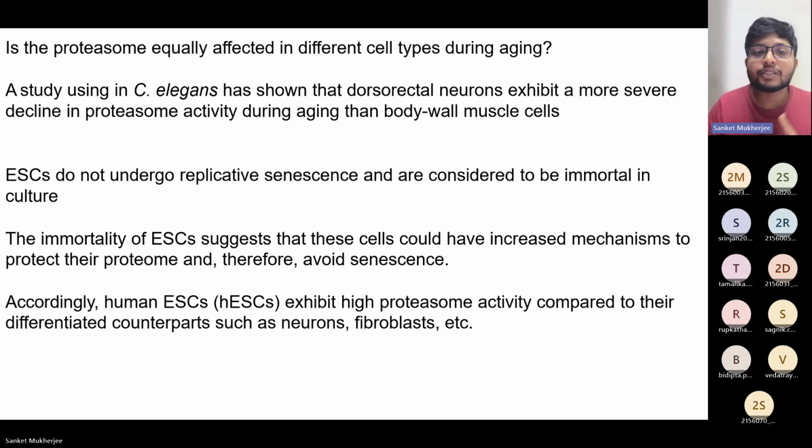So there might be some mechanisms by which they maintain their proteome and avoid senescence. When they studied human embryonic stem cells, they saw that there was high proteasome activity compared to differentiated counterparts like neurons and fibroblasts, etc.